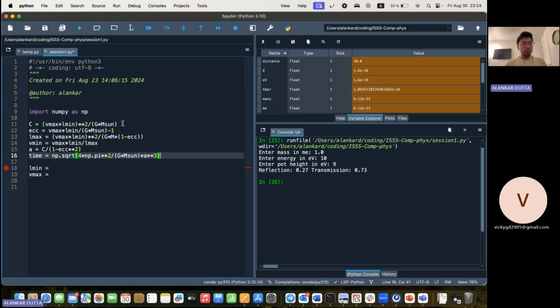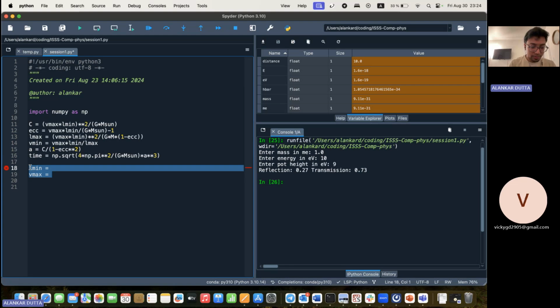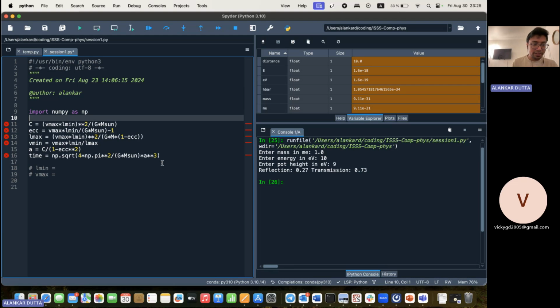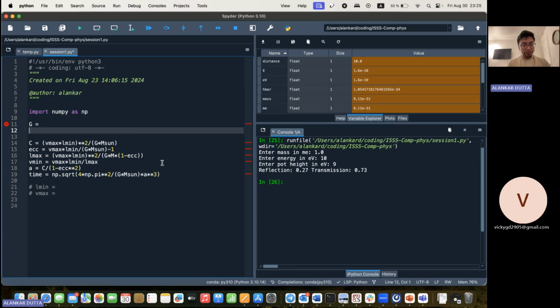Now we also have to get hold of the constants that we have in here. Let's for now figure out the constants in here. We'll uncomment that later. One of the constants is G, which we got previously, the Newton's gravitational constant, while the other will be M sun.